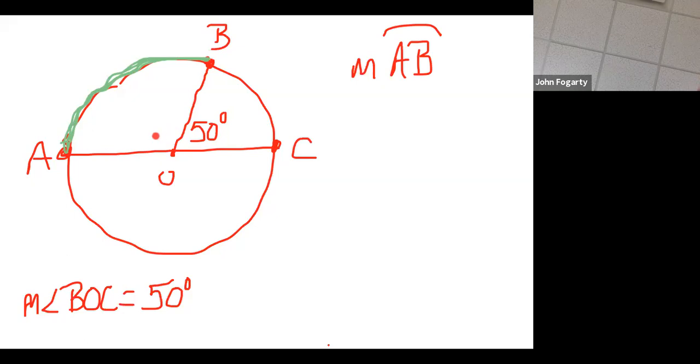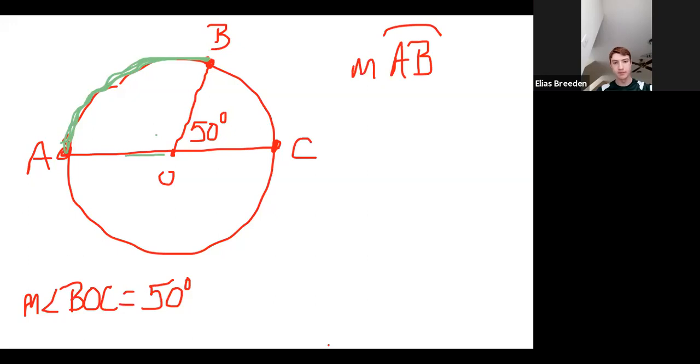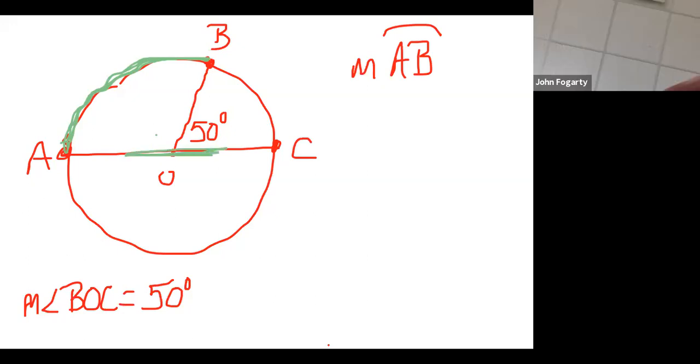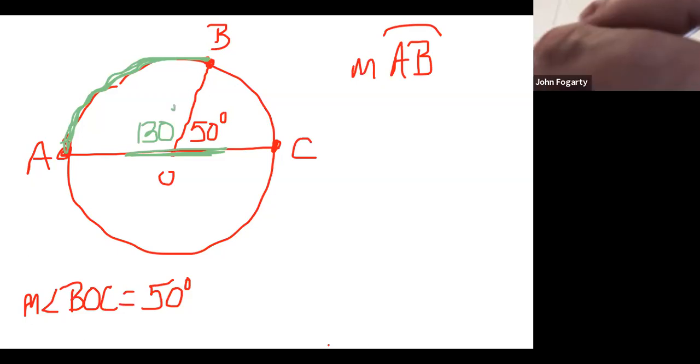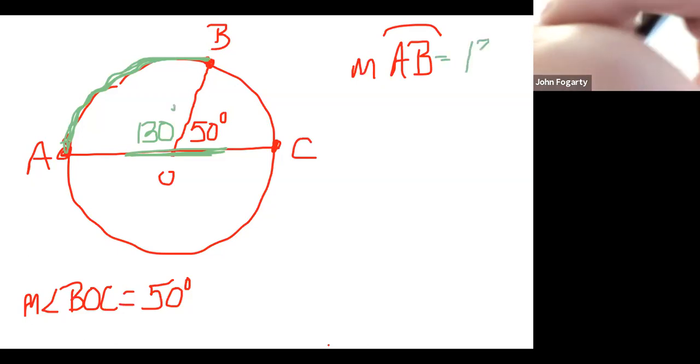But they didn't tell me that angle. But they did do what though, fellas? This is a straight line, right? What's the measure of a straight line? 180. So if this is 180, what do you add to 50 to get 180? 130. So that angle right there is 130, which means the measure of AB is 130.